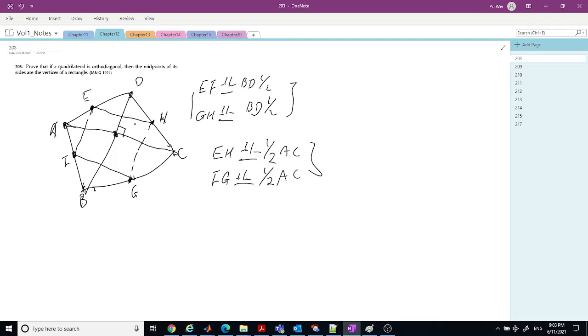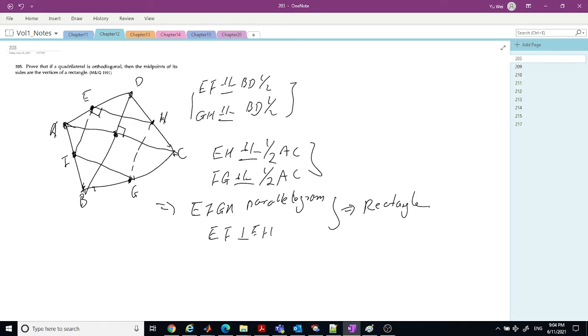EH is parallel to AC and EF is parallel to BD, so this angle must also be 90 degrees. So we have a parallelogram EFGH, and EF is perpendicular to EH. So now you can see this is a rectangle.